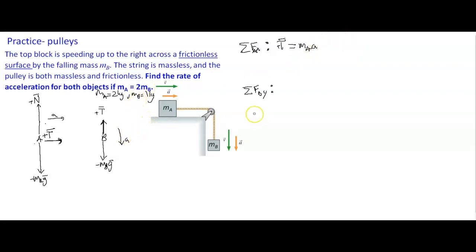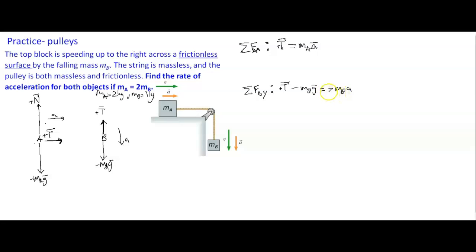In the y direction, on block B, we're going to sum those forces right now. So it's got a tension up, and that's the same tension as up here. It's got a weight vector down, and that is equal to negative mass B times acceleration.